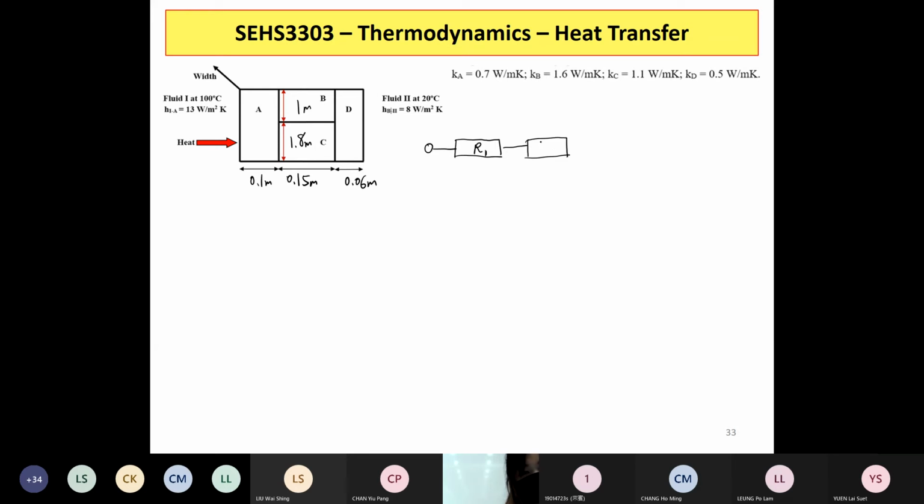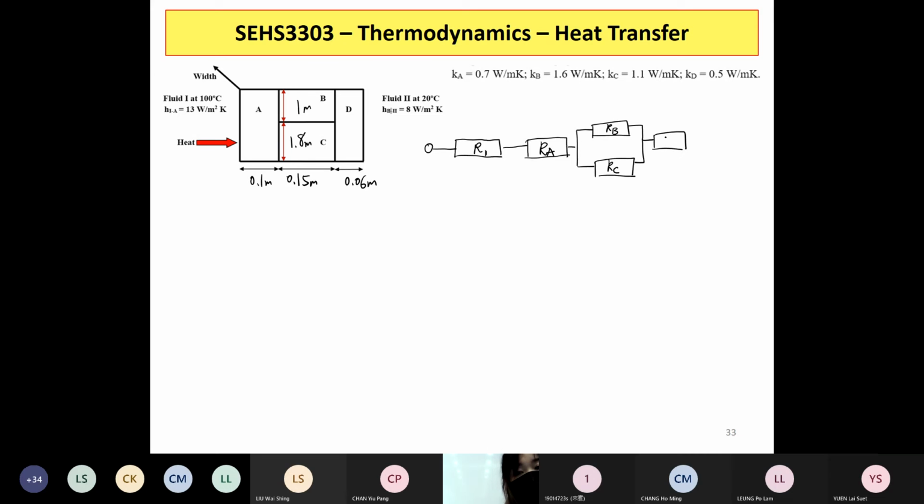Now we have the conduction through wall A, that is the thermal resistor RA. And what we have here is a parallel arrangement of wall B and C. So we have the resistors RB and RC in parallel, okay?